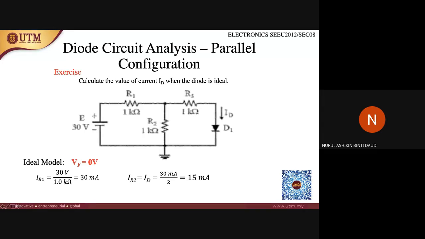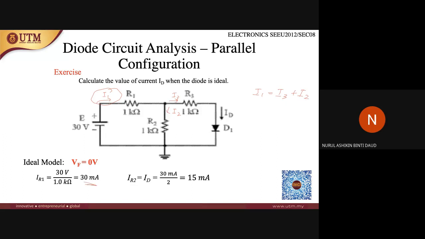To measure the currents that flow here, this is I1, this is I3, and this is I2. So I1 is equal to I3 plus I2, right? First of all, you need to find I1, right?